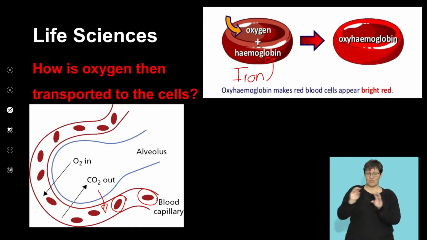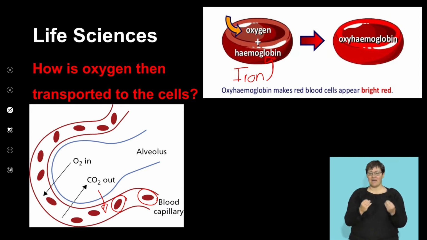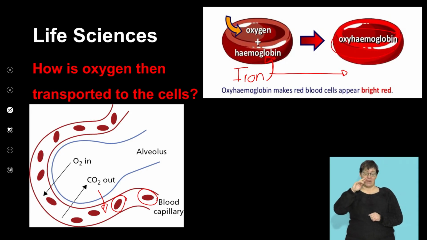So instead of going into the blood, as the red blood cell goes through, we have this iron pigment, that's why blood is red, and oxygen and hemoglobin are like, hey dudes, we're together, and they form this compound called oxyhemoglobin, and that is how oxygen is going to now go to the cells.